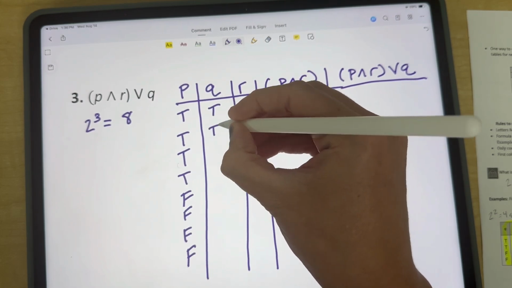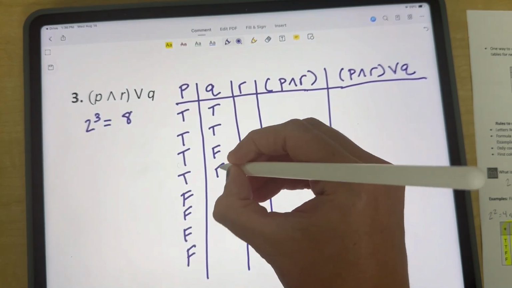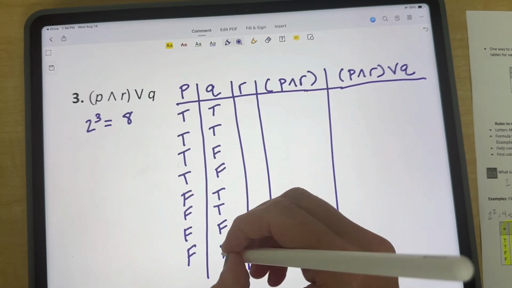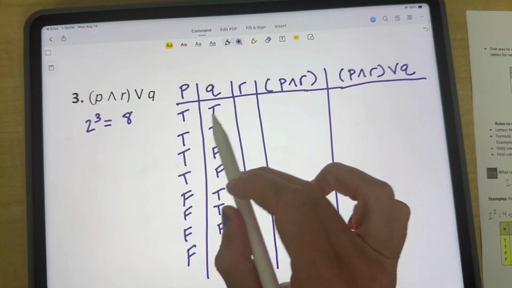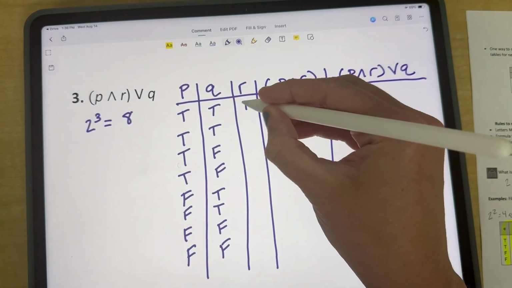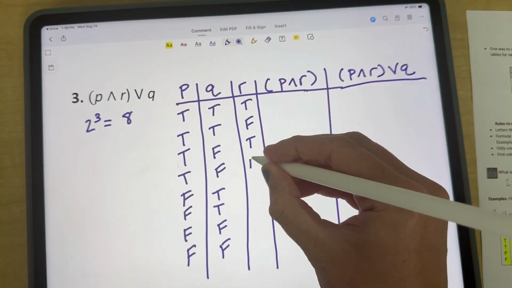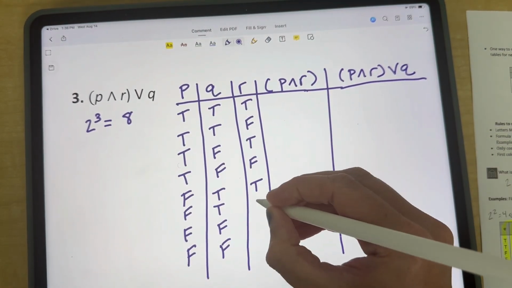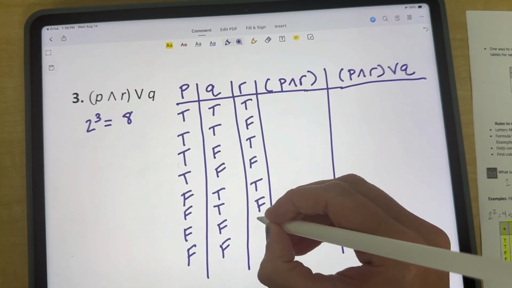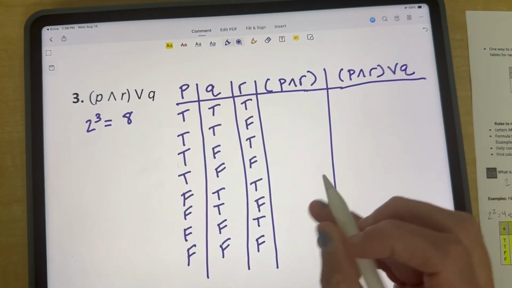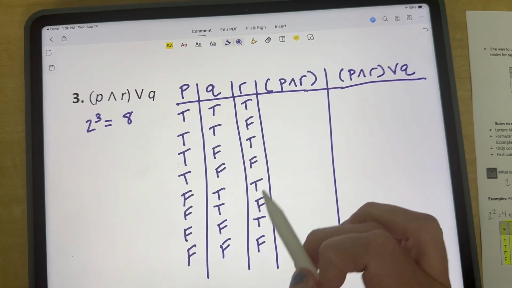So 2 T's, 2 F's, 2 T's, 2 F's. Again, because on this last one, it's going to go T, F, T, F, T, F, T, F. Because this is all the combinations you can have total with those 3 letters.